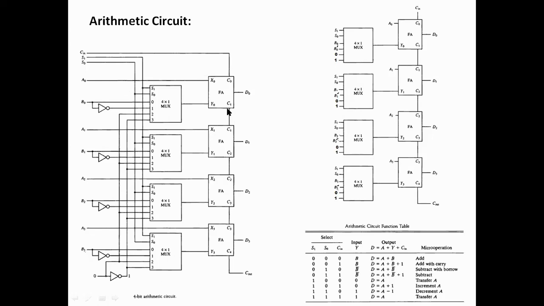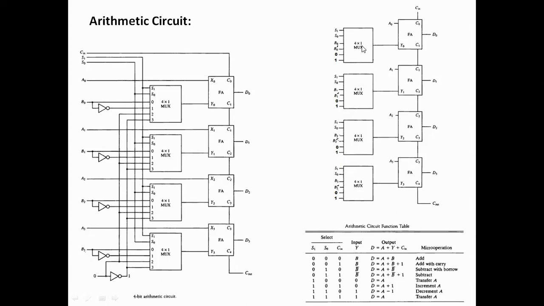So B0 will go to the first position, B0 dash to the second, then 1 and 0, then B1 dash, 1 and 0, B2 dash, sorry, 0 and 1, B3 dash, 0 and 1, fine.